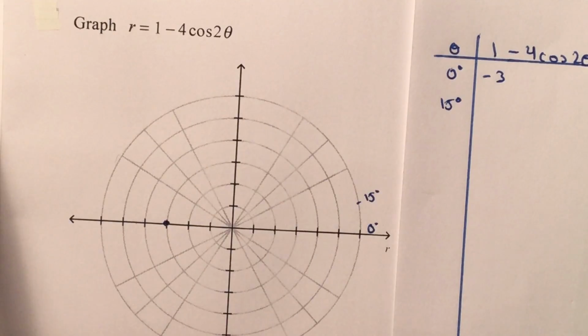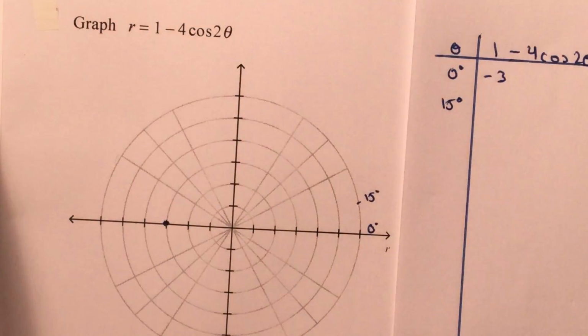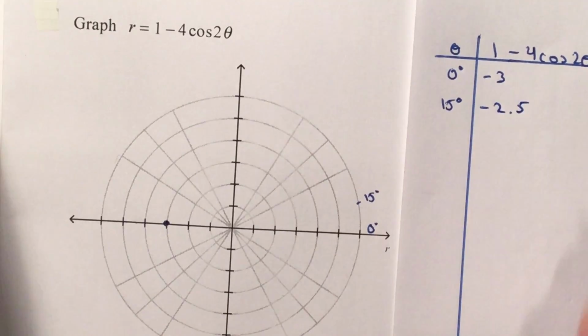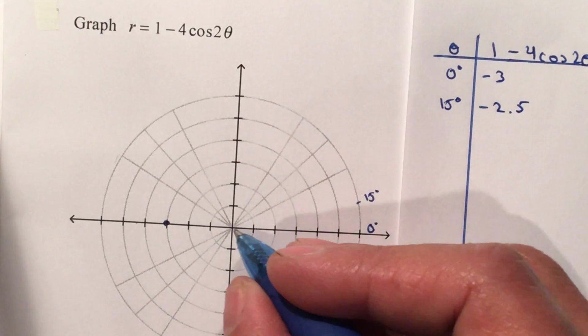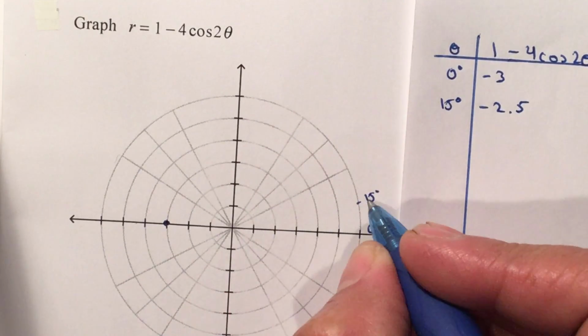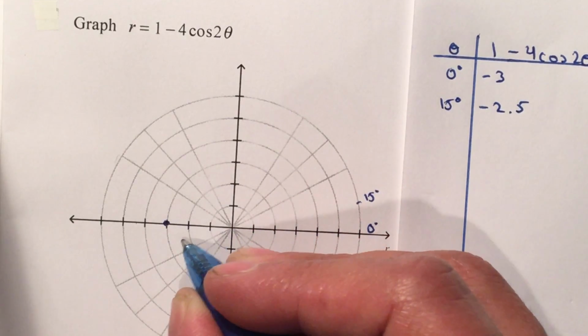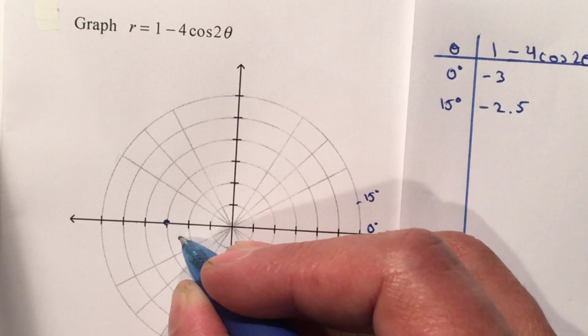There we go. And that gives me negative 2.46. Instead of being positive on the 15, I'm going to go to the opposite side, negative 1, negative 2.5.